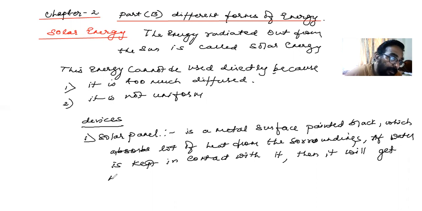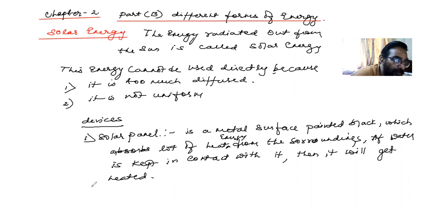That means the solar energy gets converted into the heat energy of this water. The water may again get converted into steam, and that steam can be used for doing mechanical work. Are you getting me? So it's an important use. A solar panel is a metal surface painted black, which absorbs a lot of heat energy from the surroundings, and if water is kept in contact with it, it will get heated up. So this was one device.